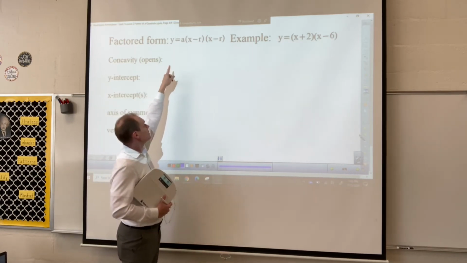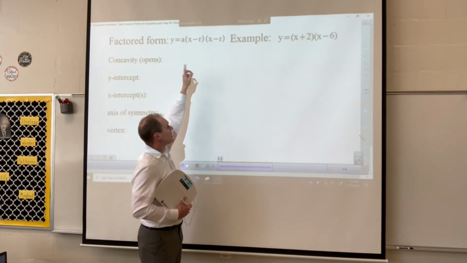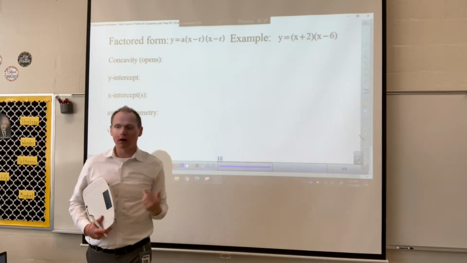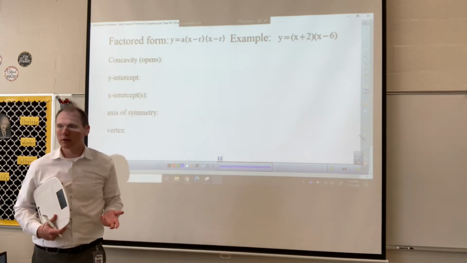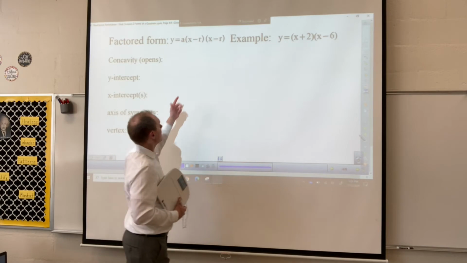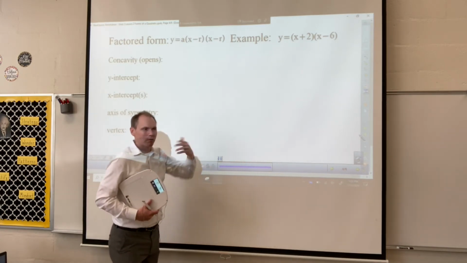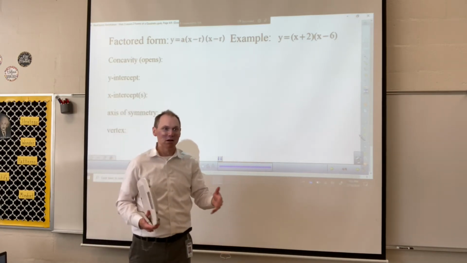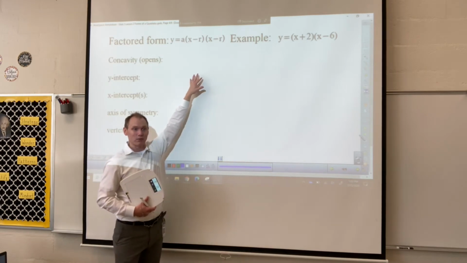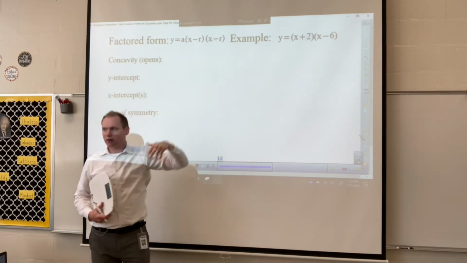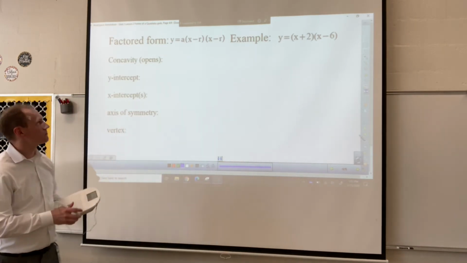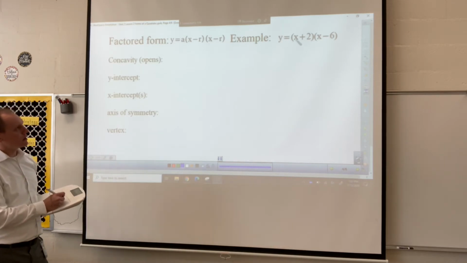Okay, so a there, and then x minus r. R in both cases are x-intercepts. We have factored form. So remember a minute ago I said if we could factor it, we could tell some other things. Well, sometimes you'll be given it in factored form. And so we're going to see right here in just a second what we can tell from that. So an example of this would be (x plus 2) times (x minus 6). What is a out in front?